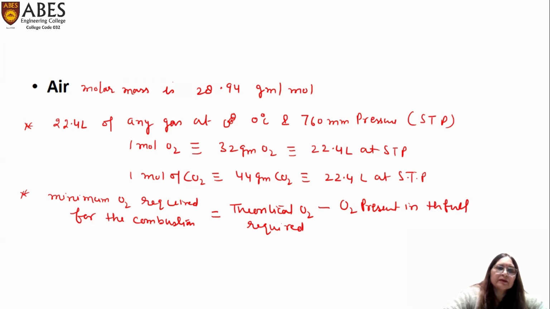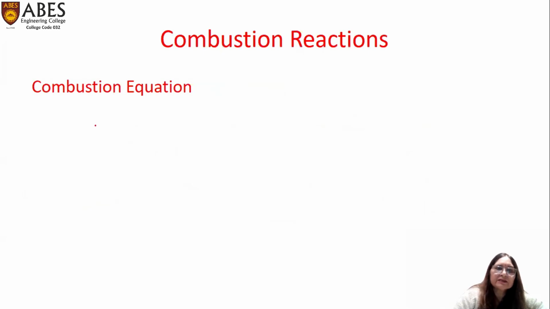Now coming to some combustion equations. C plus O2 forms CO2. Weight of oxygen needed in grams or kilogram.